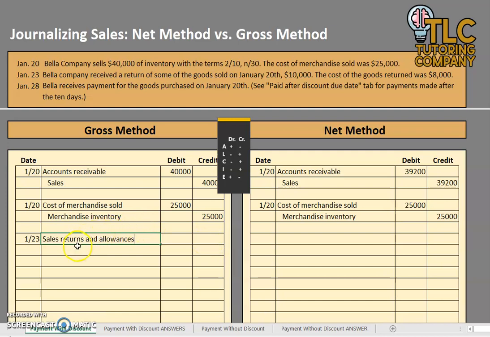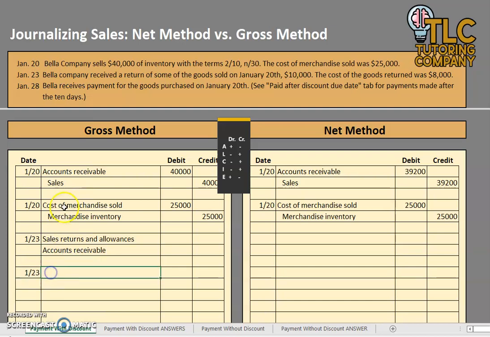And now this account, which is a contra income account, so it increases with a debit, is now going to increase by the amount of the return. Later, when you do your income statement, it will offset sales so that it will account for those returns. And accounts receivable to recognize that it is now decreasing.